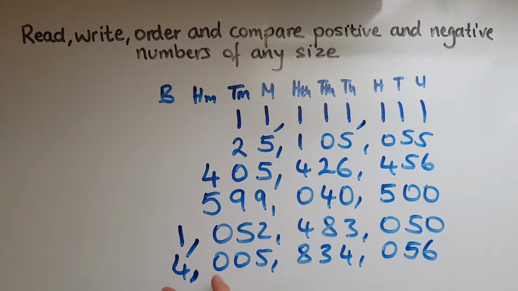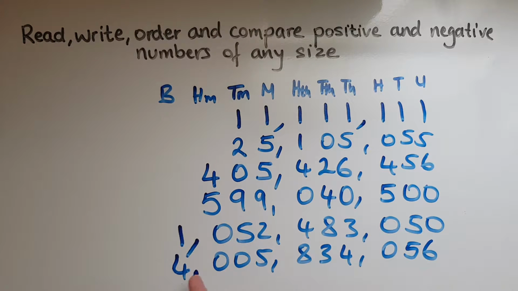I can see it's in front of the million, so it must be billions. So they come into the units and then the thousands. There we've got the millions and then the billions.